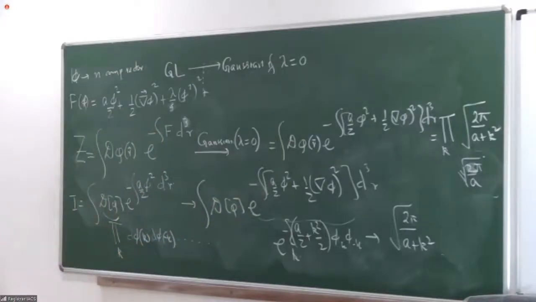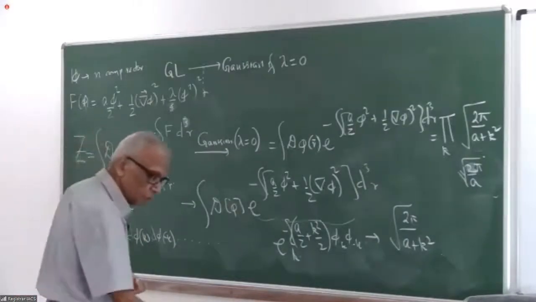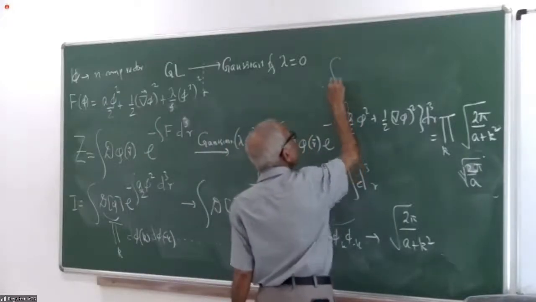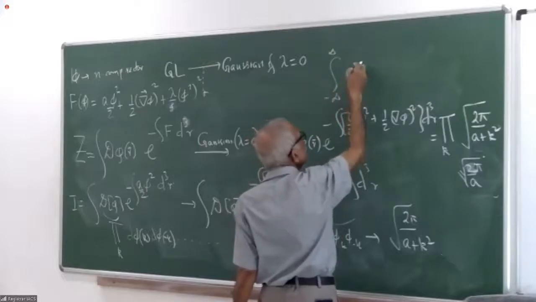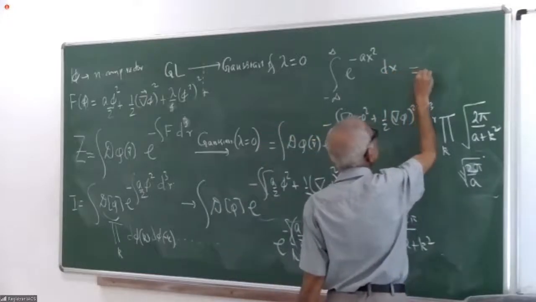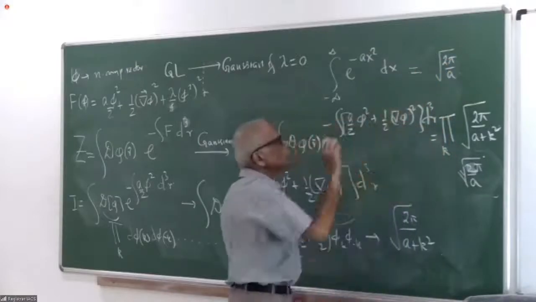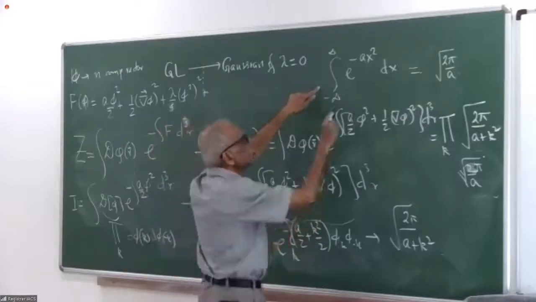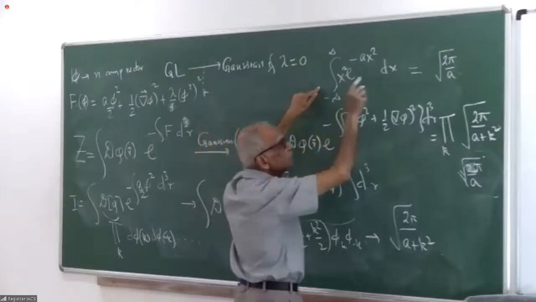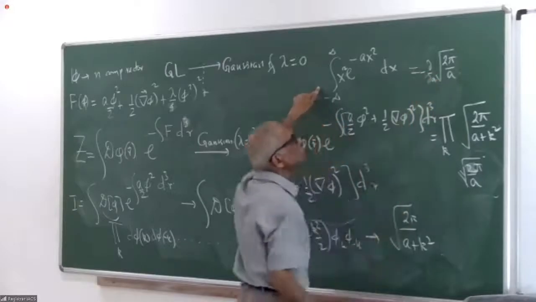It is just that, for example, in the single variable business, which we know so very well, if I know the integral from minus infinity to plus infinity of e to the power minus a x squared dx is equal to the square root of pi over a, then it is trivial to find the integral of x squared e to the power minus a x squared, because I can get it by taking a derivative with respect to a and a minus sign.